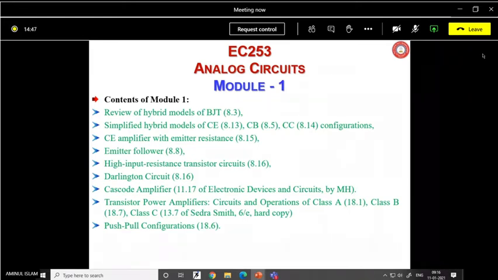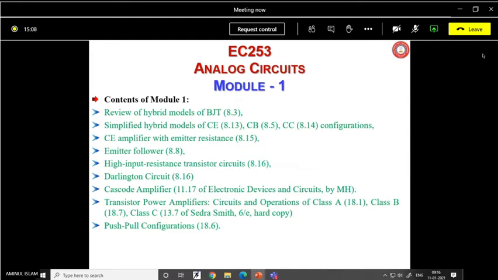CE amplifier with emitter resistance, emitter follower, high input resistance transistor circuits, Darlington circuits, cascade amplifier of Electronic Devices and Circuits. You can get it from that book, Electronic Devices and Circuits by Millman Halkias.